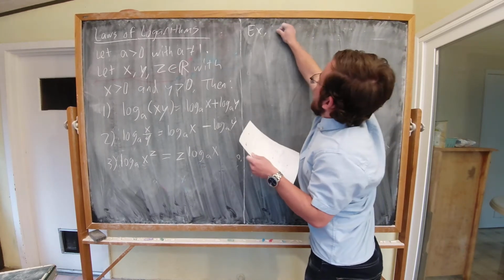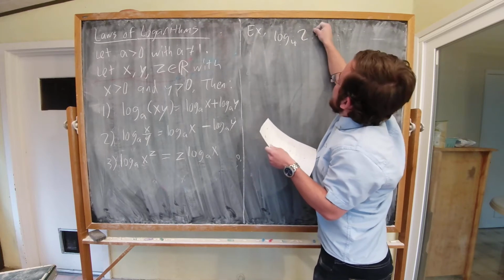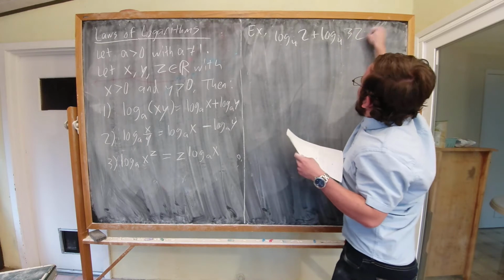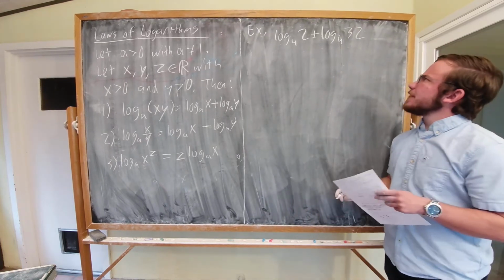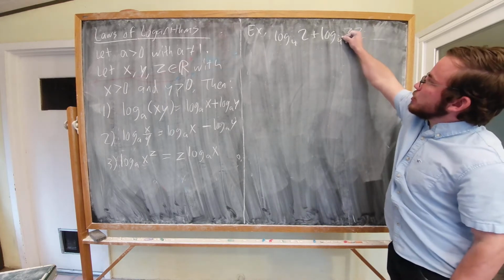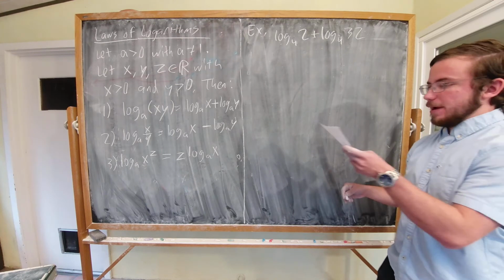Maybe we have log base 4 of 2 plus log base 4 of 32. Now, 2 and 32 are both not natural powers of 4. Right? I mean, you could view 2 as 4 to the 1/2, but 32 is going to be real weird, right?